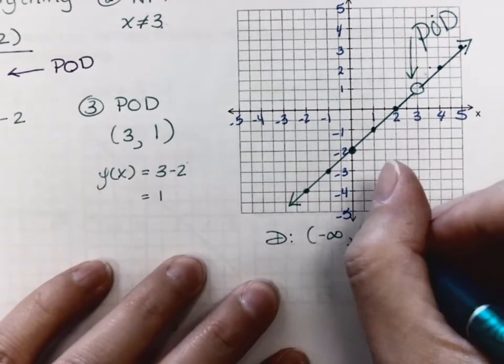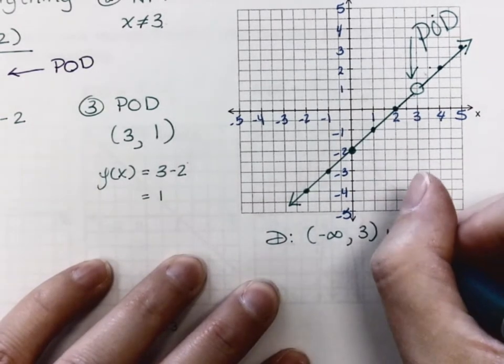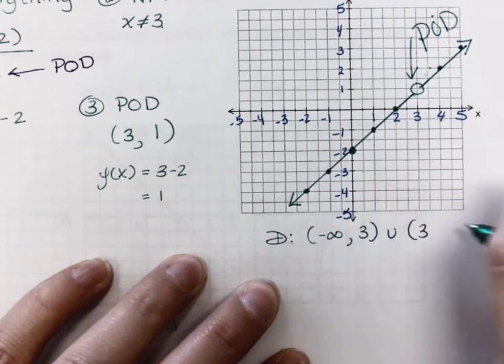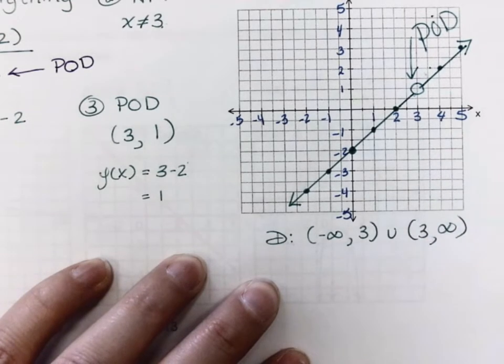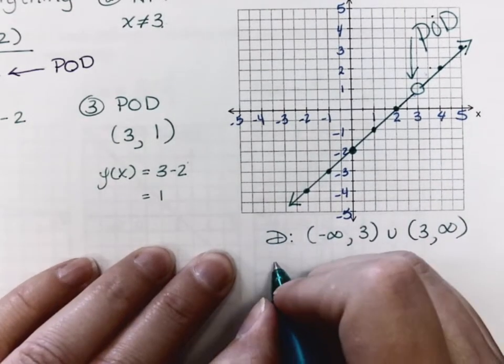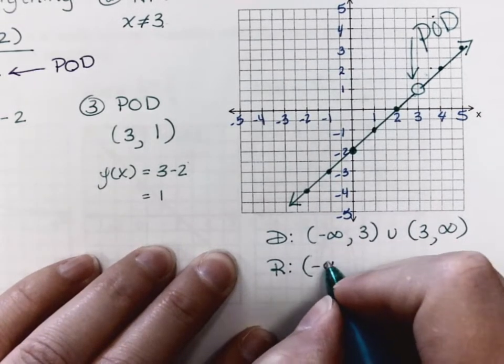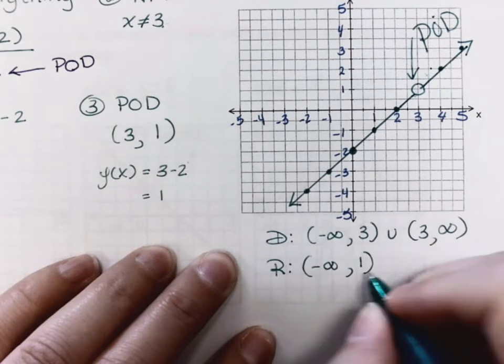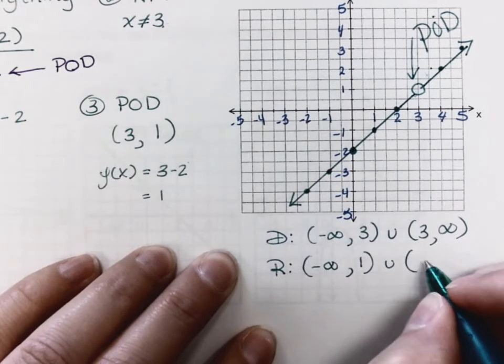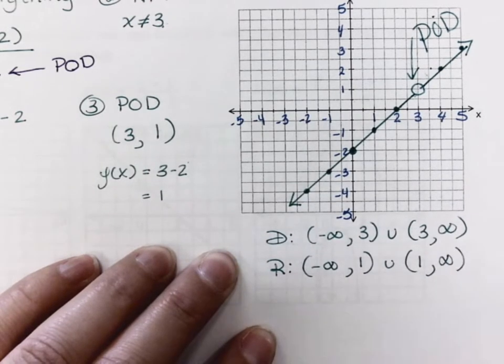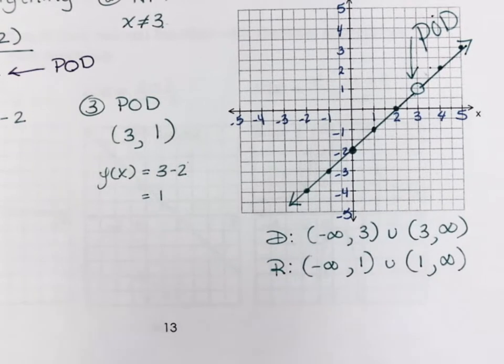No, because it's a point of discontinuity. So round brackets, round bracket around 3 to positive infinity. What about range? Not inclusive. To positive infinity. Good. Done.